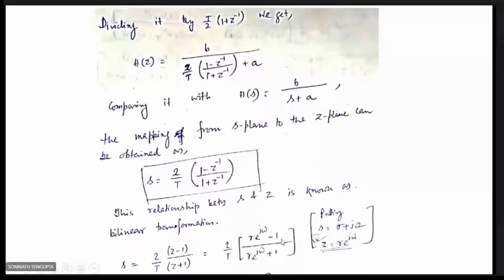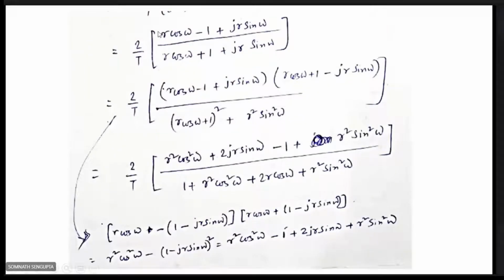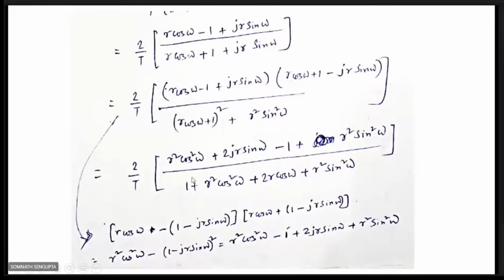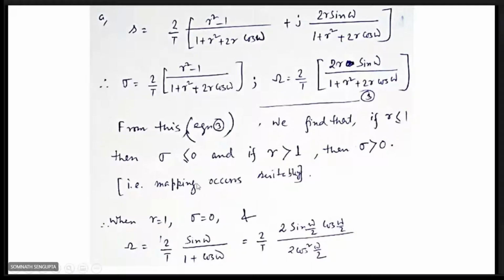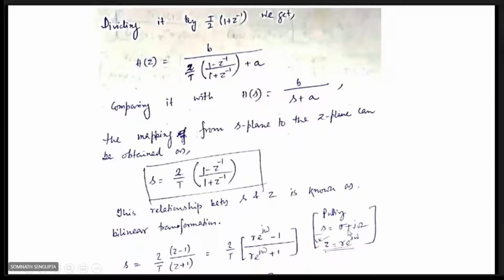Now we can represent z is equal to r into e to the power j omega, and we can write s is equal to sigma plus j omega. Here we are separating out the real and imaginary parts from the right hand side of the equation, and comparing s is equal to sigma plus j omega with the real and imaginary parts of the right hand side.